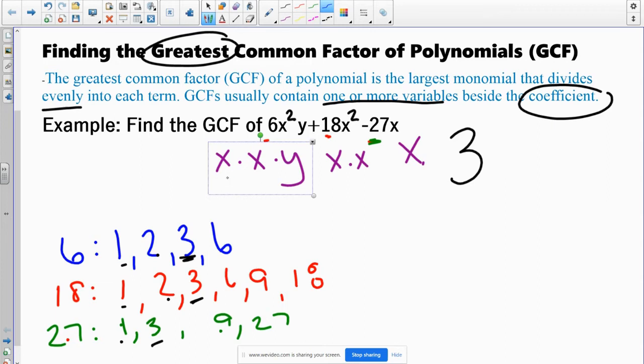Well, they all have one x. This one has 2 x's, this one has 2 x's, but the last one does not, so you can't use that. The first term has a y, but the second and third terms do not. So the only greatest common factor of the variables is just an x. So my final answer is 3x for my greatest common factor.